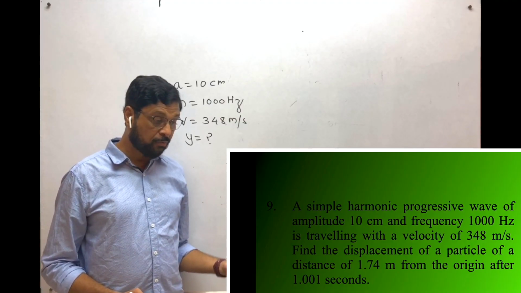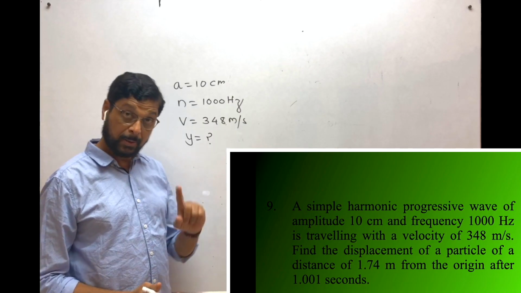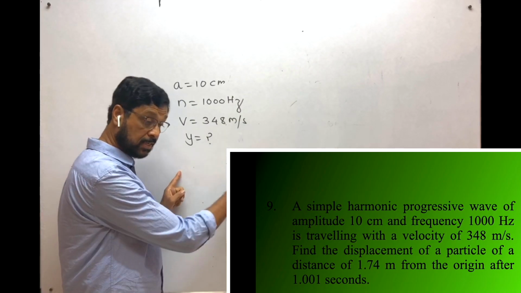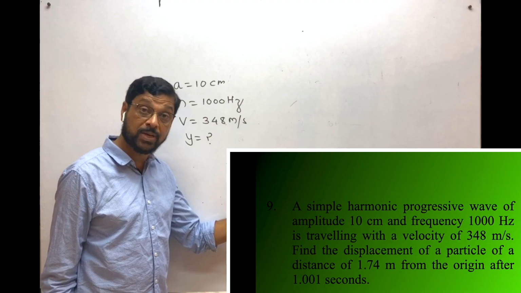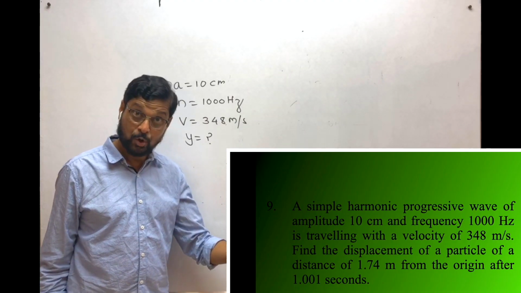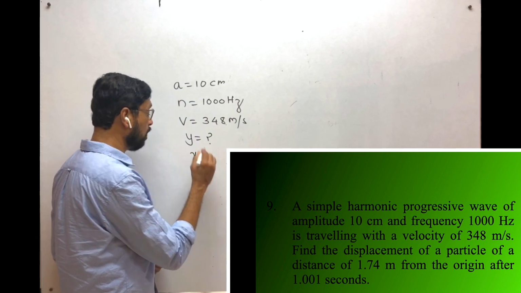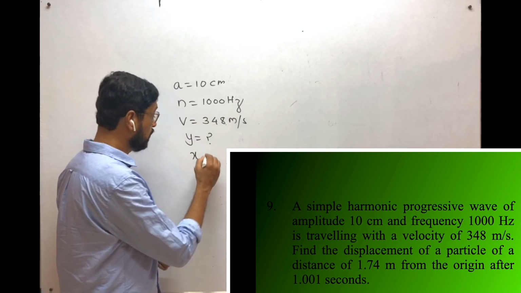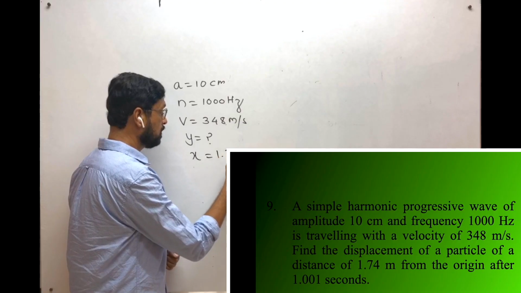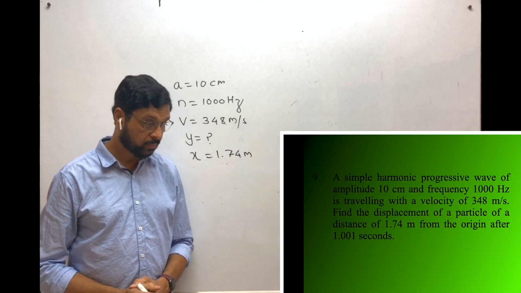The particle which is at a distance of 1.74 meter from the origin. Origin से 1.74 meter पर, मतलब position of the particle is given, x, which is equal to 1.74 meter.